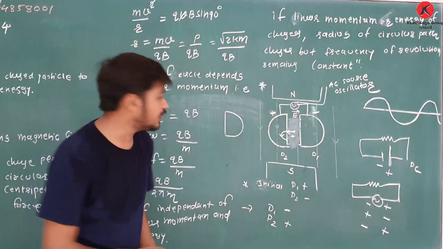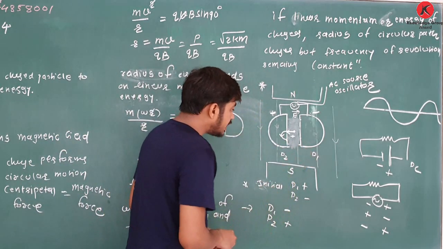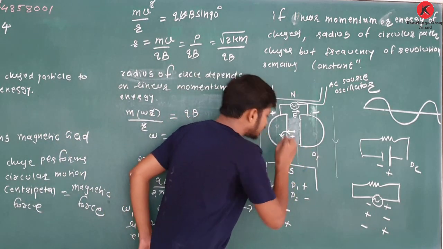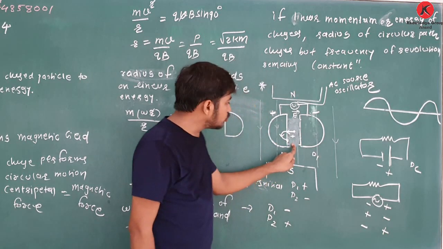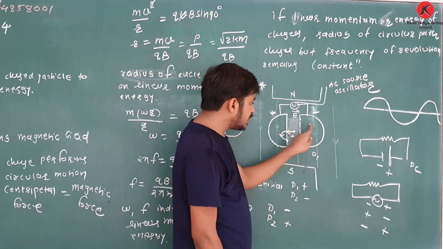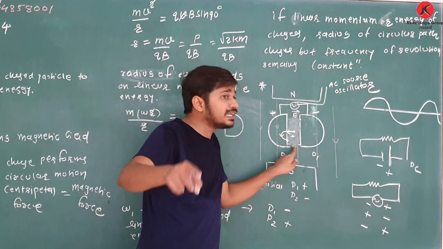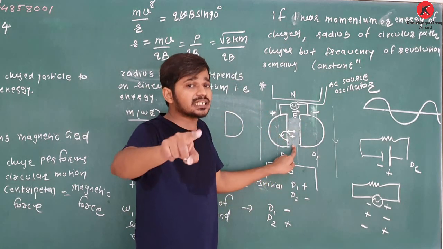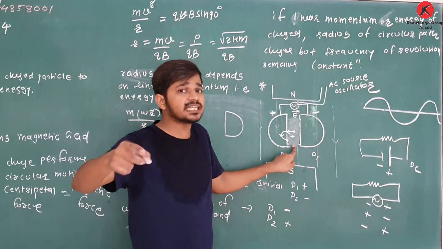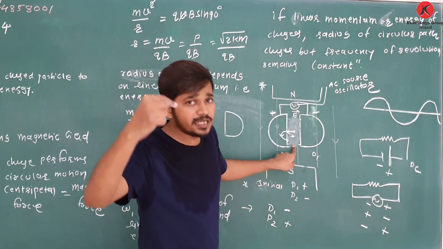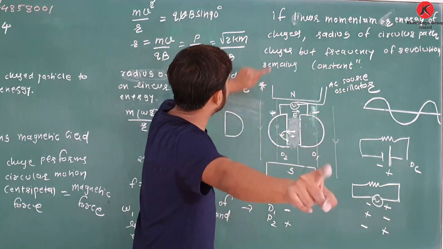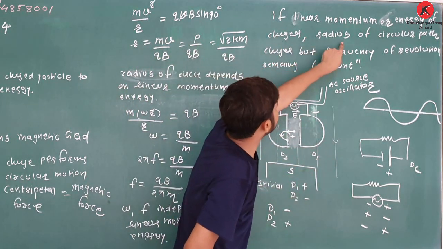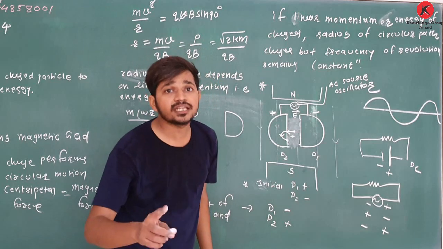Then now the electric field is in this direction. As this charge moves in this region, again due to the electric field from positive D to negative D, it is again accelerated. Accelerated means its speed increases, so its linear momentum increases and its energy increases. And see this statement: energy increases, radius of circular path increases.